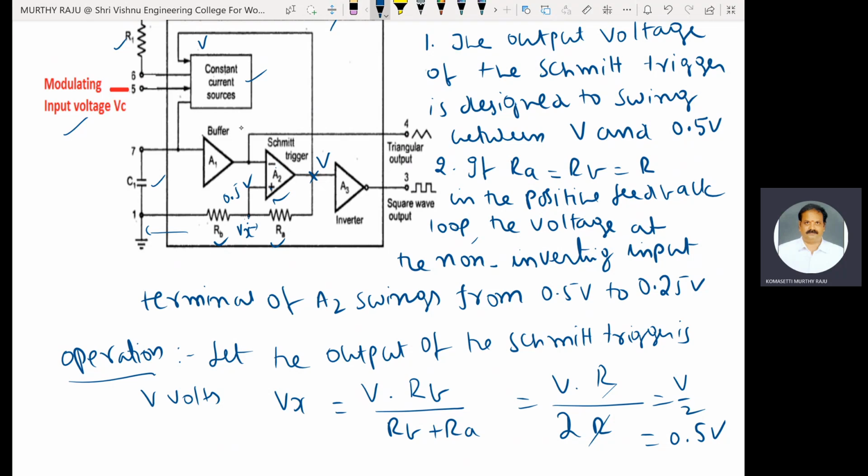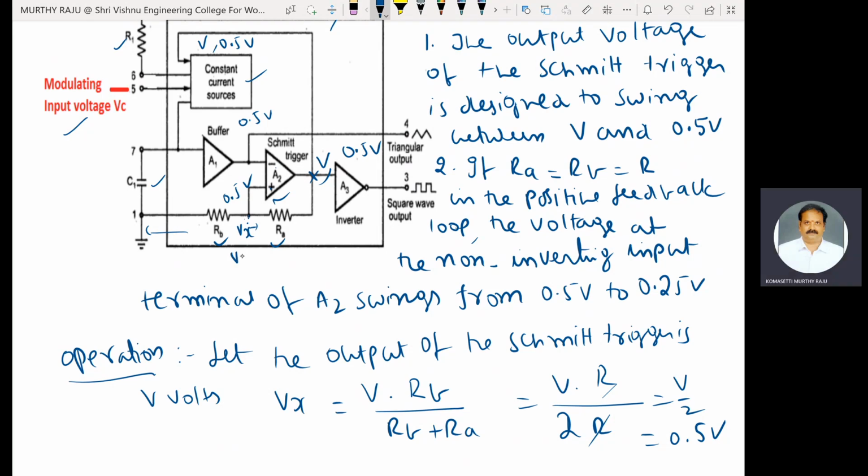Whenever the capacitor voltage reaches 0.5 V, the Schmitt trigger output swings from V to 0.5 V, because the output voltage of the Schmitt trigger is designed to swing between V and 0.5 V. This 0.5 V is also applied to the constant current source.